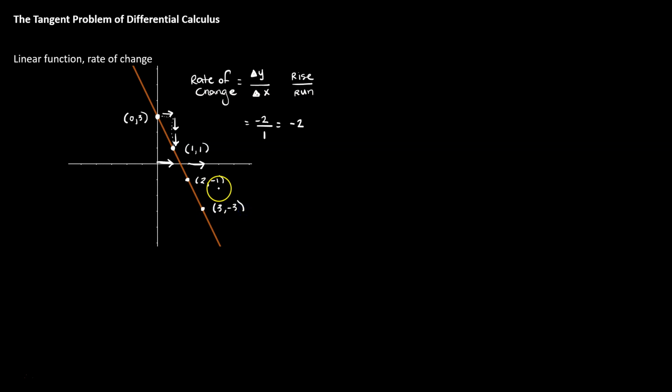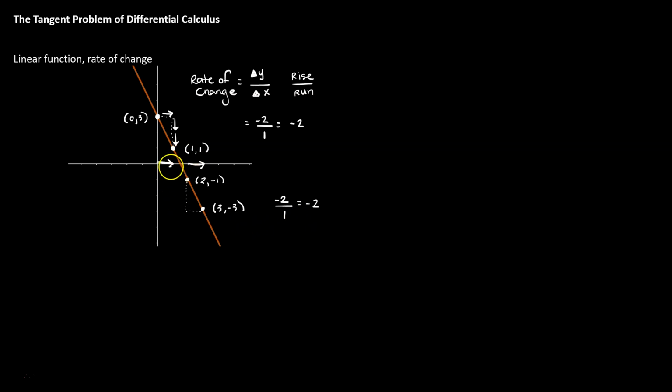And again, if I look at my rate of change, we have moved 2 units down, so we have risen -2, or we fell 2, and we moved 1 unit in the positive x direction. So our rate of change would look like a -2 for the change in y, a +1 for the change in x, leaving us with the same number for the rate of change.